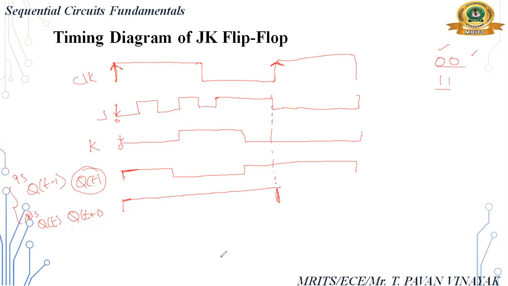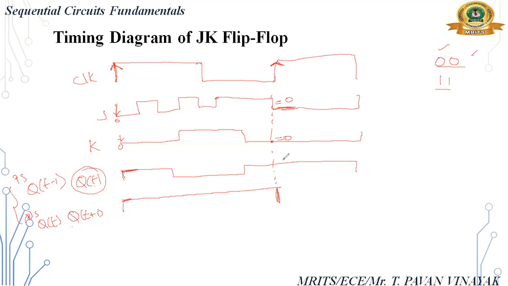Okay. Next, what is J here again? For this state, J is 0, K also 0. Now what do you have to take? We have to take the previous state, right?